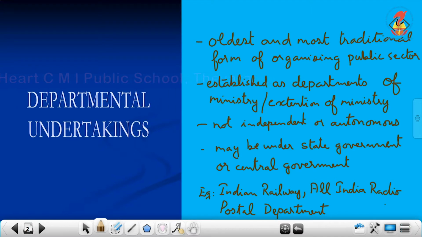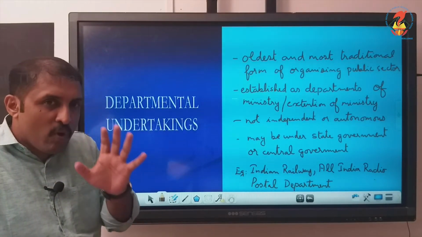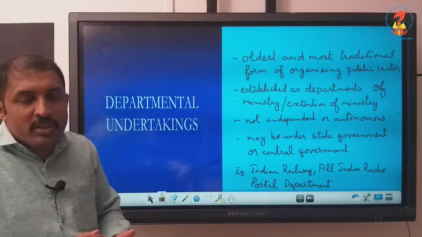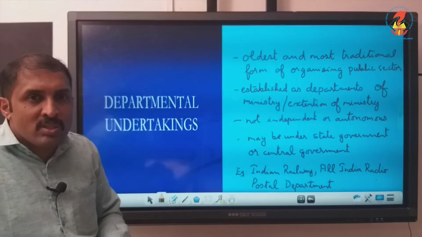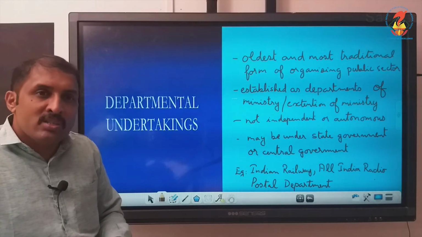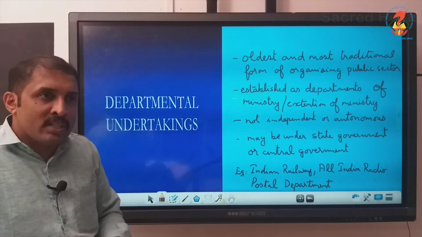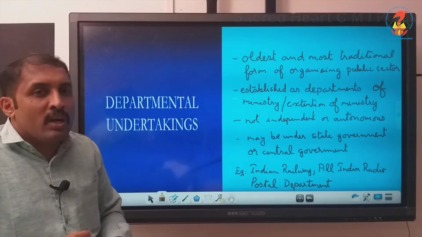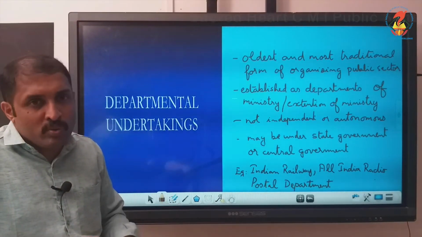Again, it can be under state government or central government. All India Radio is directly under central government, whereas PWD can be under state government also.